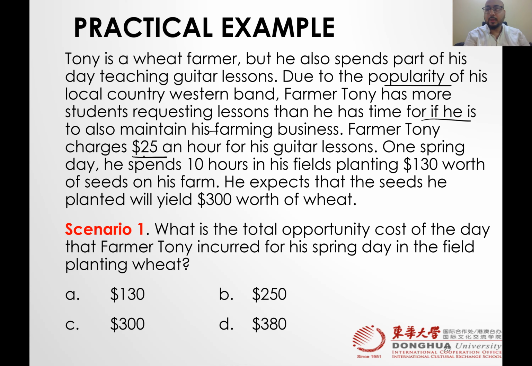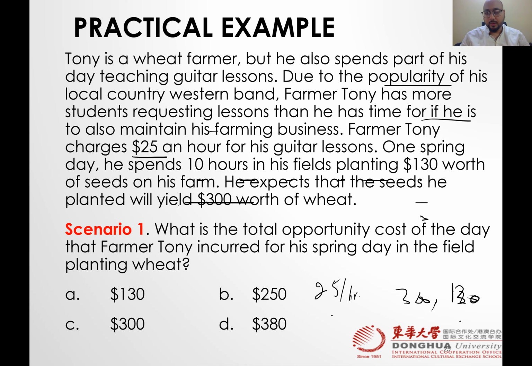One spring day, he spends 10 hours in the fields planting $130 worth of seeds. He expects that the seeds he planted will yield $300 of wheat. So his future income is going to be 300. His cost is 130 for the seed, and his guitar lesson income is 250 at 25 an hour, right?